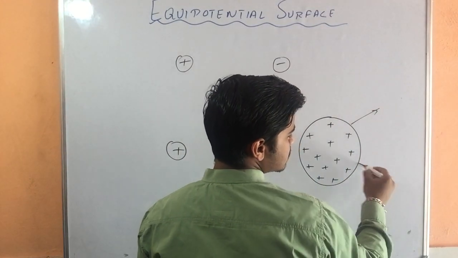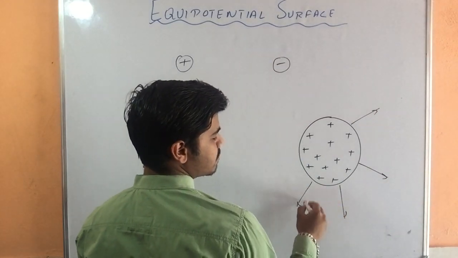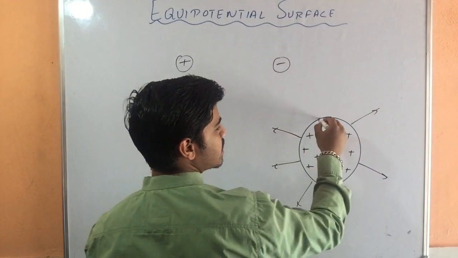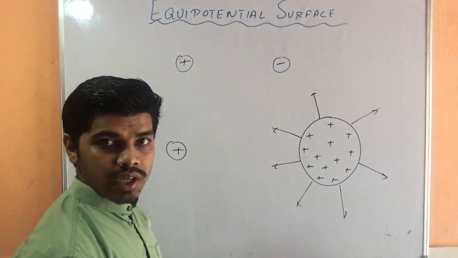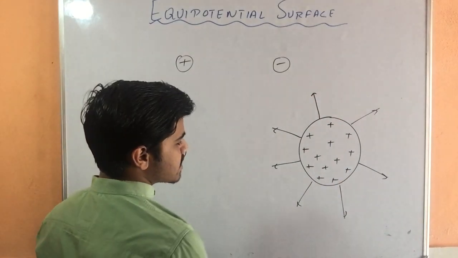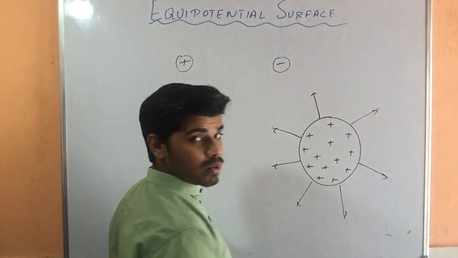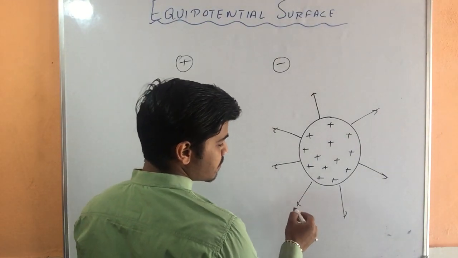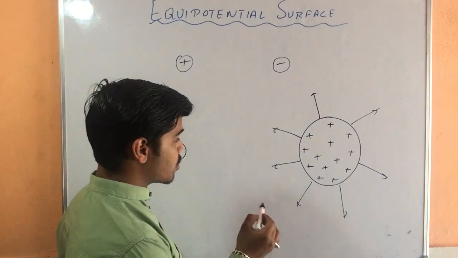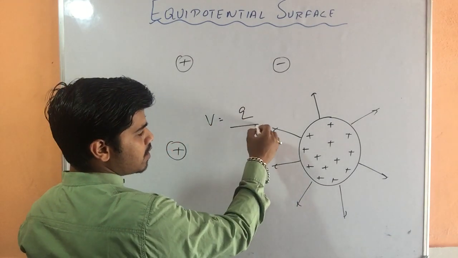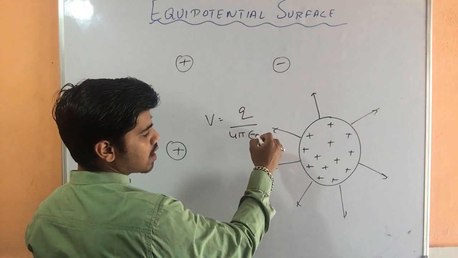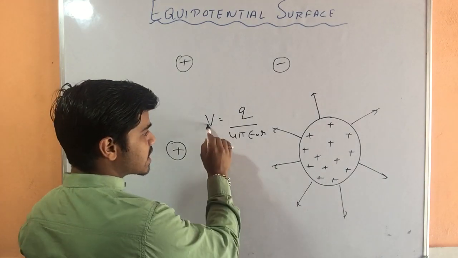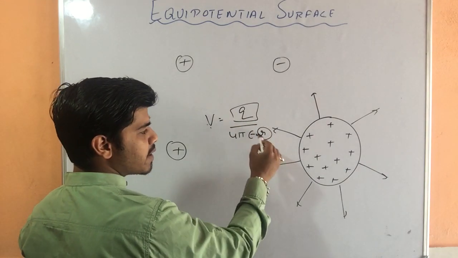As the charge is positive, the electric field is directed outward from the body. Hence, according to equipotential surface, a surface which has the same potential, and potential depends on 1 by 4 pi epsilon naught, q by r, means potential is directly dependent on charge and inversely dependent on r.